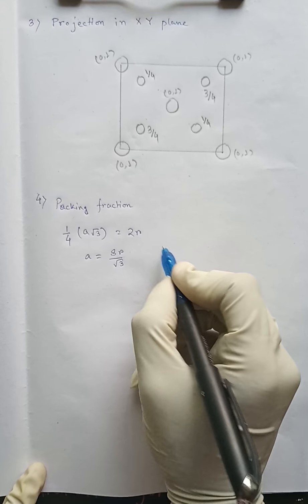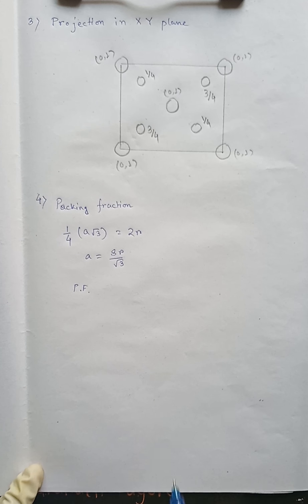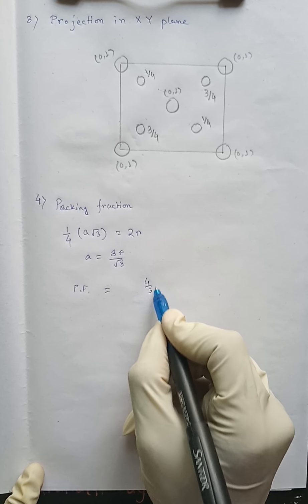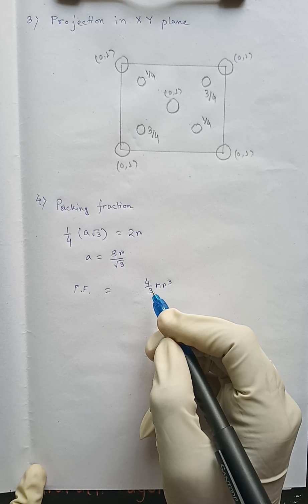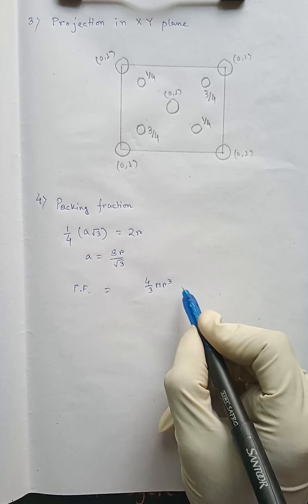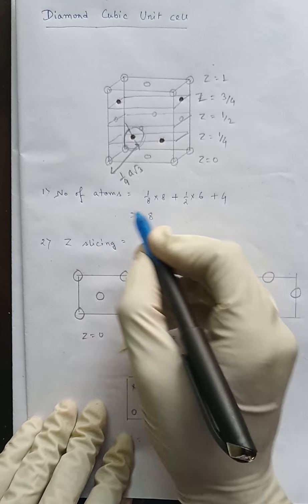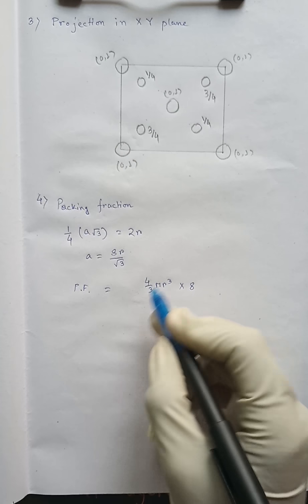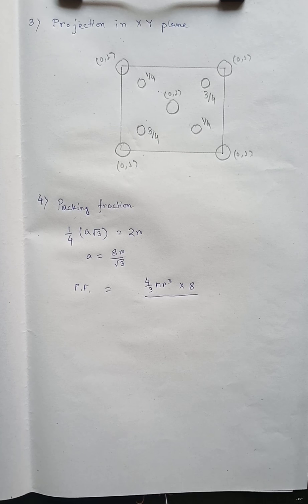So the packing fraction, which is volume occupied divided by total volume. 4 by 3 pi r cubed is the volume of one atom, and this contains 8 atoms. The Zn is equals to 8. So we will multiply this volume with 8, and the total volume will be a cubed.